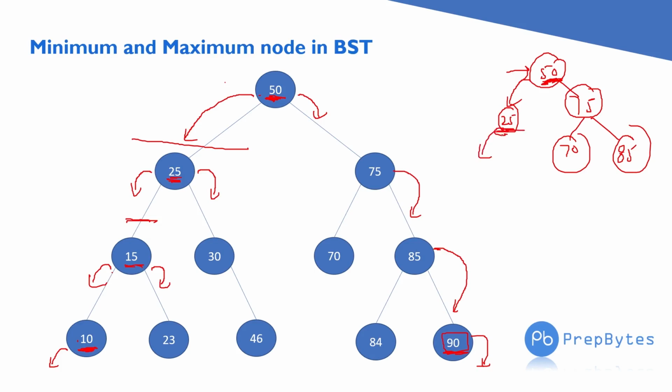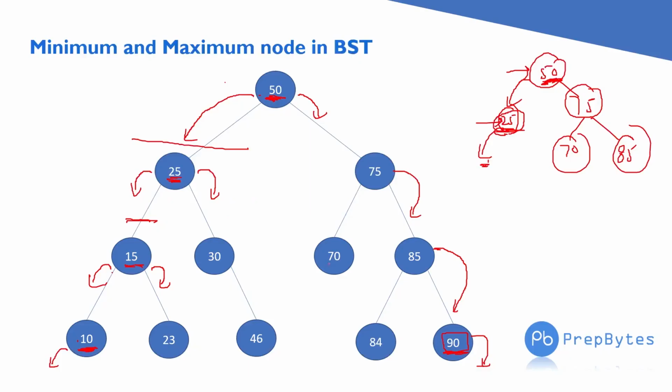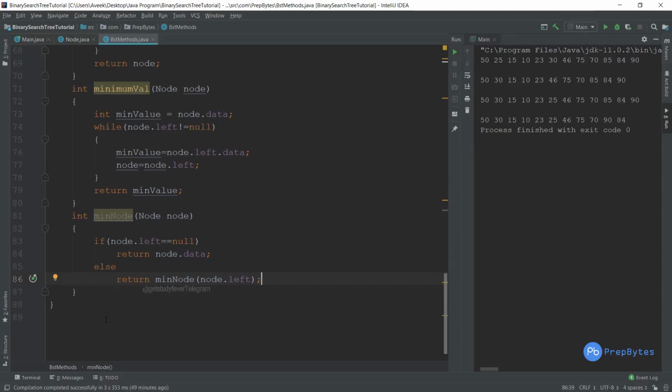When it checks, it sees that it is null, so it will return the node's data, which is currently 25 because the node was 25. So it will return 25 if I do not have anything on the left. For this tree, it will simply return 10.